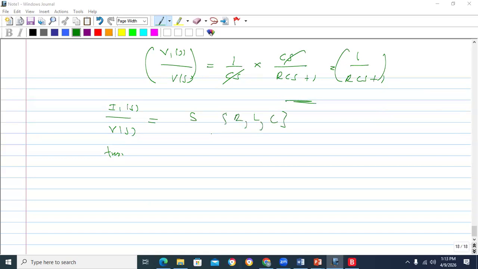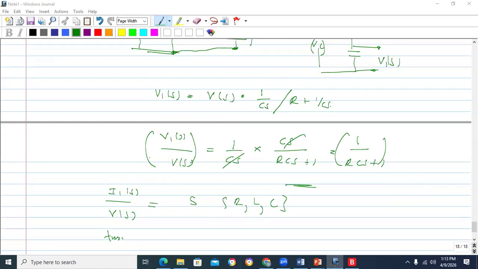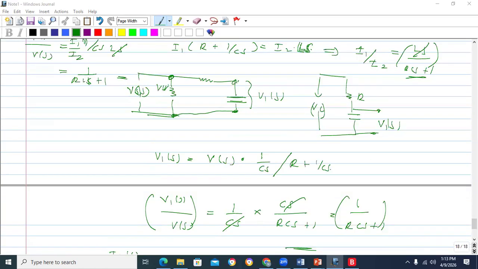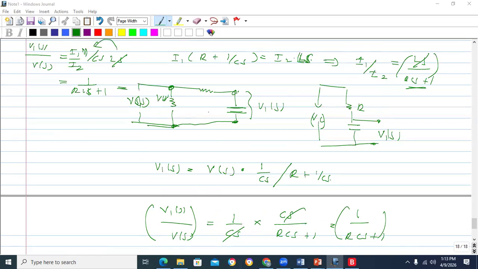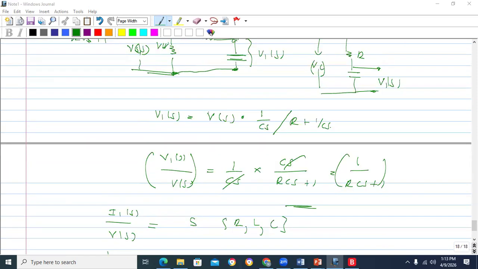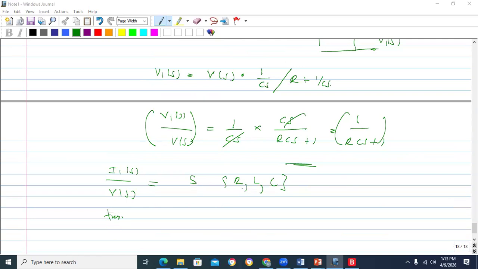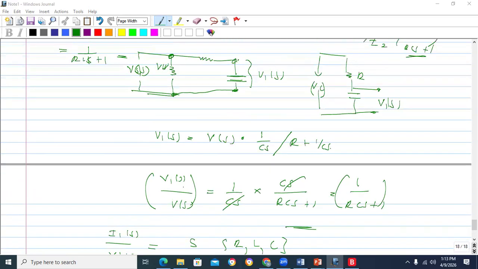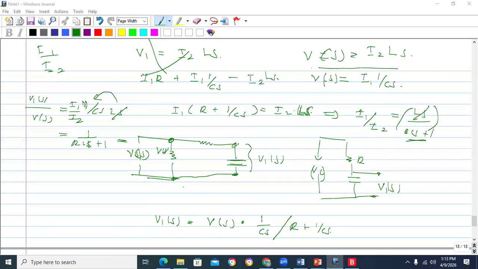So using the equations you can find that one. So write the equations and you need to get the relationship between R, L, C and S. That is what you have to do. Okay. Is it okay? Did you get the understanding?